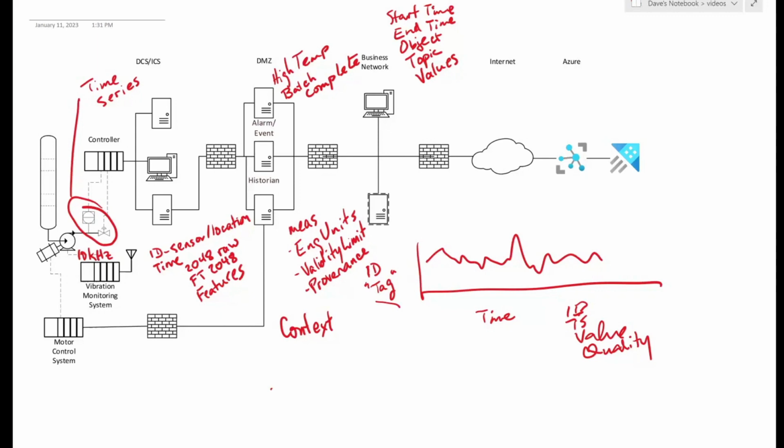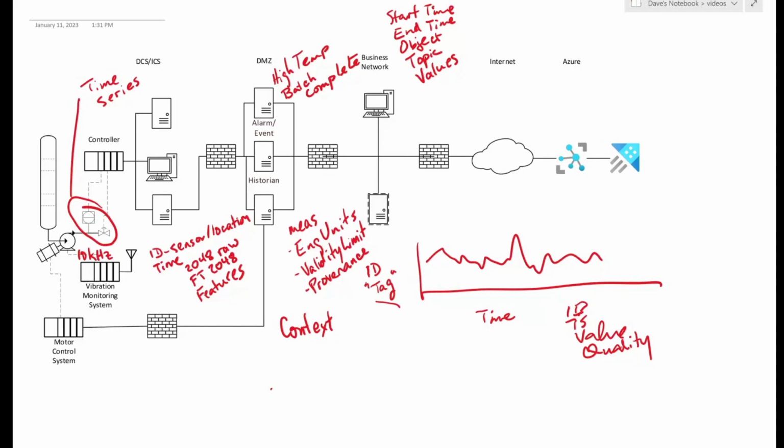It may be configured to know that these bearings on this pump are connected to a shaft from that motor, which has these measurements as well. That's as far as it goes. The context information within the vibration monitoring system knows nothing about the process context. It only knows about the equipment context for the equipment it is monitoring. But for us as engineers or people analyzing what's going on, the process operating context is as important as the equipment context.